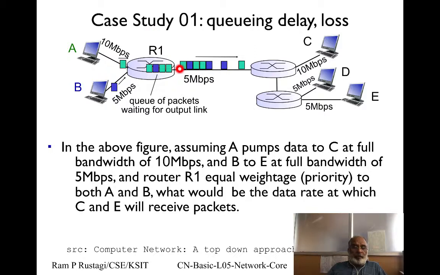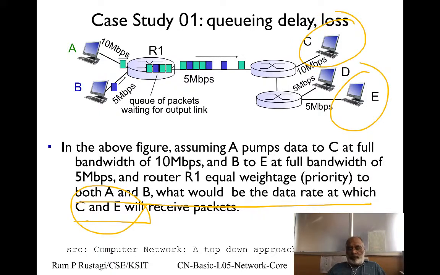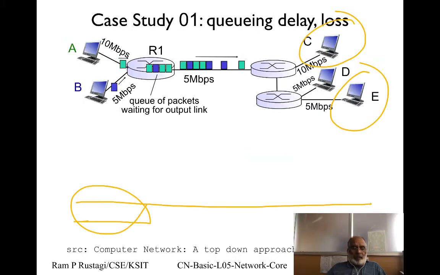Router R1 gives equal weightage to A and equal weightage to B. That basically means this bandwidth, if it's a full load, would be equally shared, so 2.5 would be shared by A and 2.5 by B. Now your question is, at what rate would packets be received at C and D, that is, at what rate would C receive and at what rate would E receive? Pause the video, work out the exercise, and think about it.